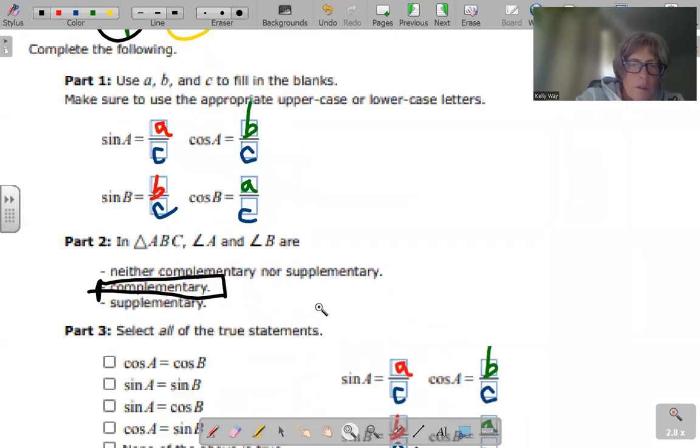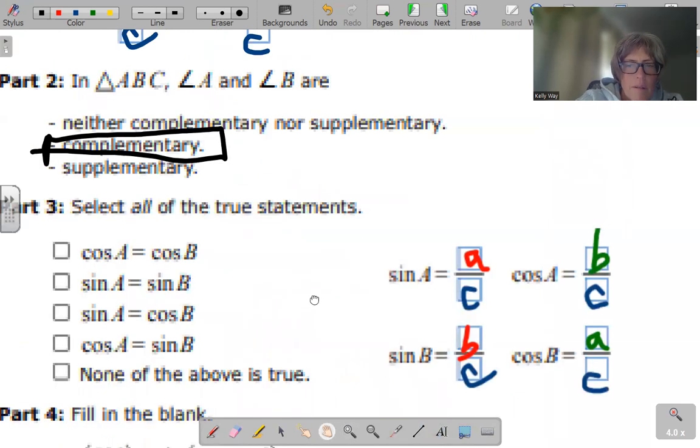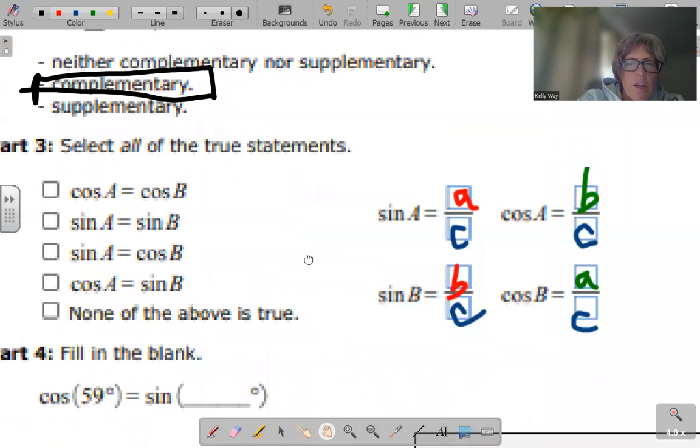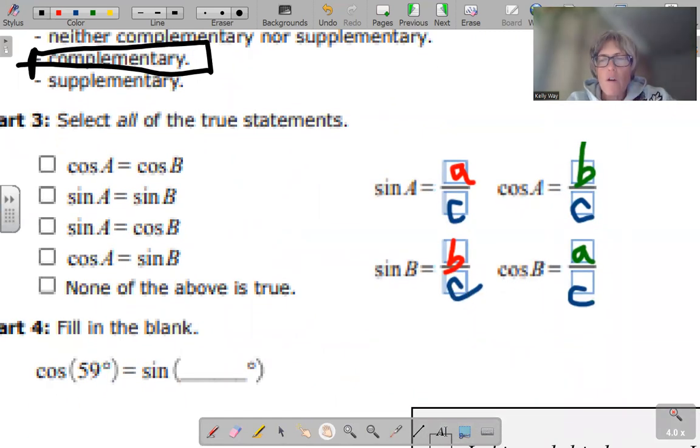Now watch carefully. Bringing this down so it's easy to see. It's asking what's true here. If you look very, very carefully, what's true? See A over C? Let's match them up.